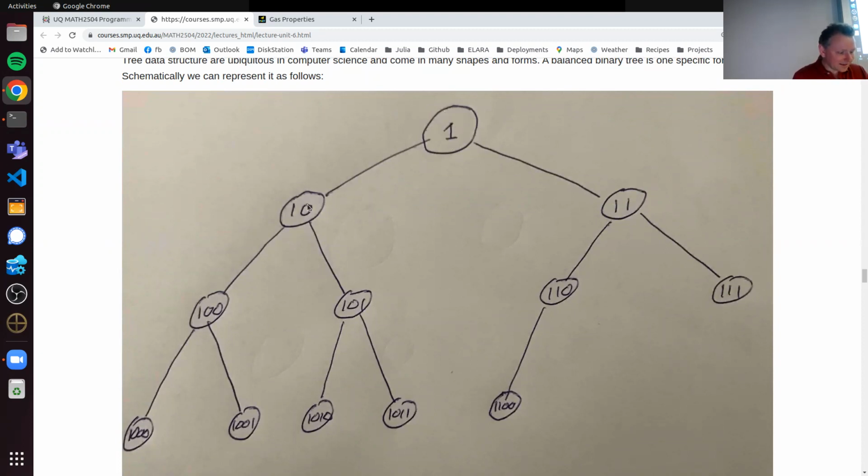Then each time we go down, it's like a prefix. These all start with 1 and then a 0. And then these all start with 1, 0, something. And the children of 1, 0, 0 are 1, 0, 0, something, and so on. As you go down, they share the same prefix in binary.